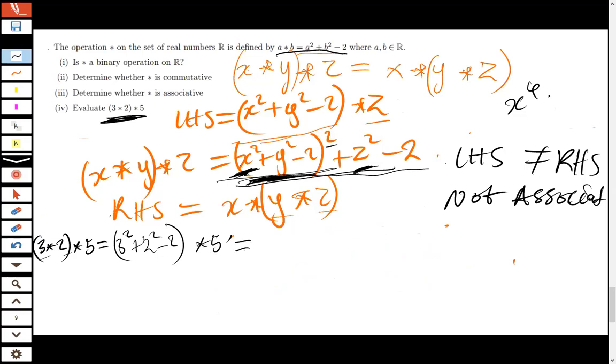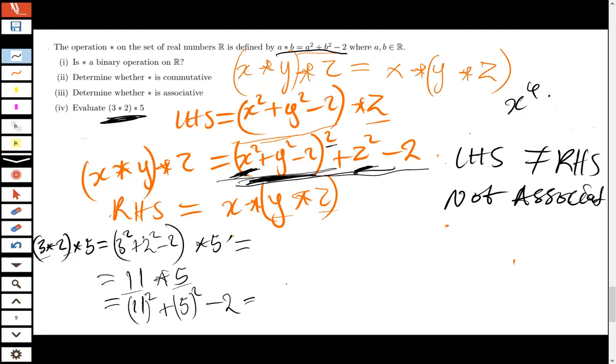So from there, we can simplify this. This will be 9 plus 4, which is 13, minus 2. This will be 11 star 5. So 11 star 5 is the same as: our a is 11, b is 5. So this will be 11 squared plus 5 squared minus 2. 11 squared is simply 121, plus 25, you get 146.